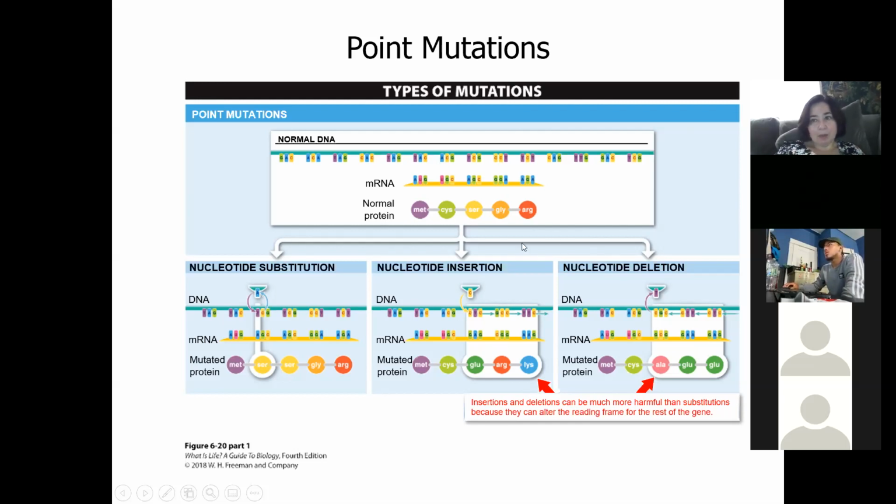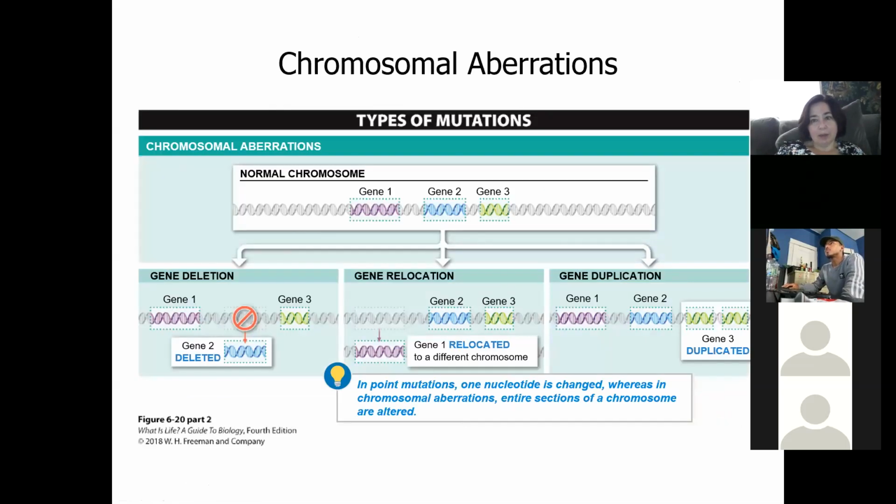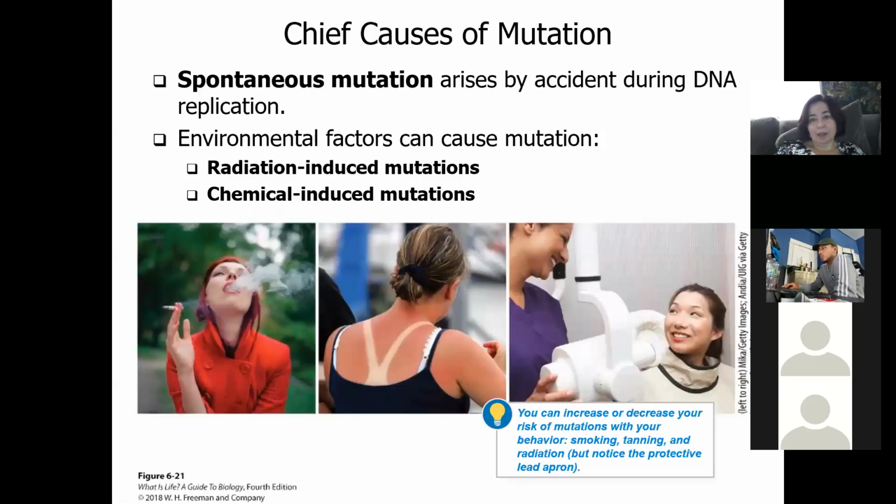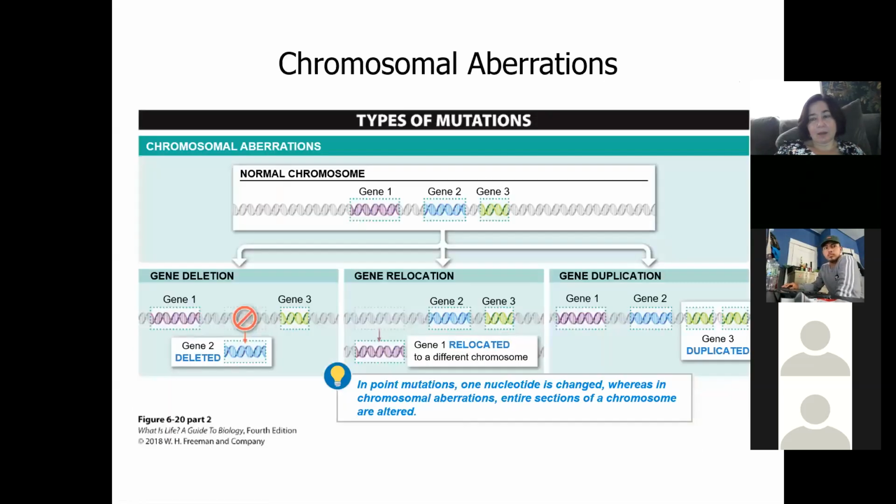But as I said, mutations happen all the time because your cells divide, DNA is duplicated, and this is actually an ongoing process. We have a whole mechanism in our cells that makes sure that DNA is copied correctly, but still, there's nothing 100% mistake proof.